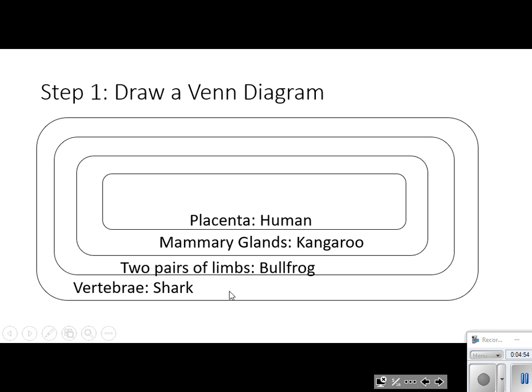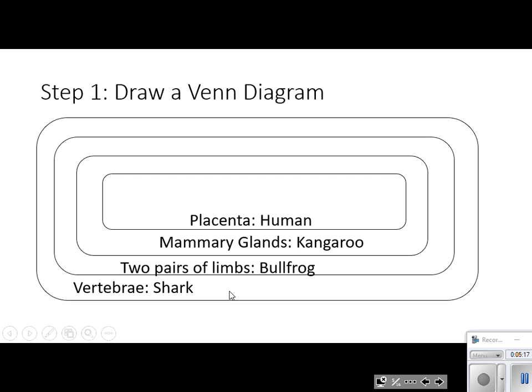Now, does a human have a mammary gland? Yes. Does a human have two pair of limbs? Yes. Does a human have a vertebrae? Yes.